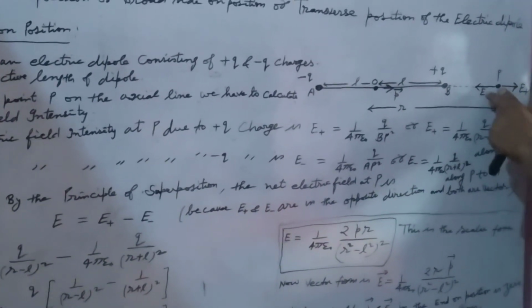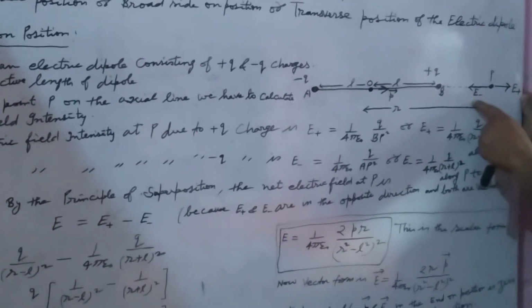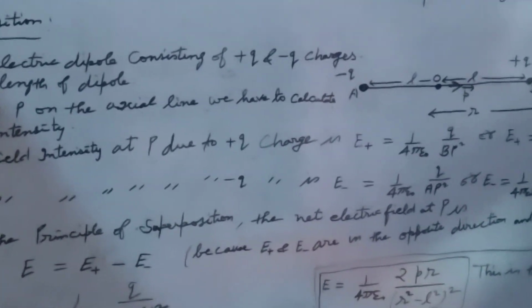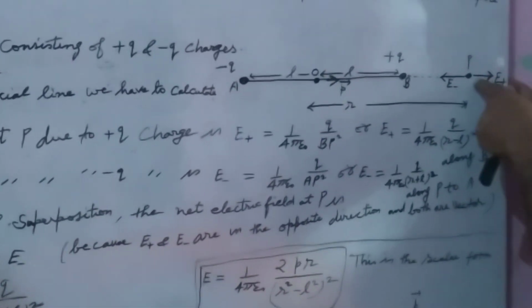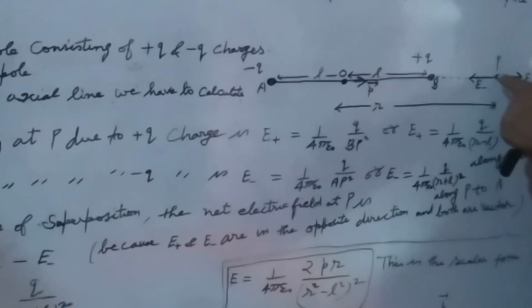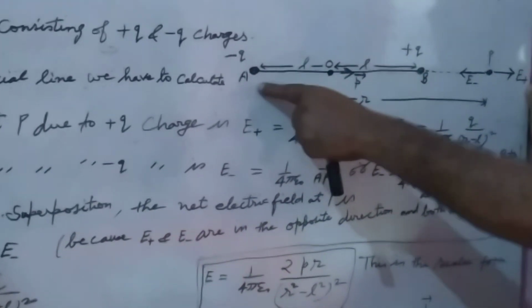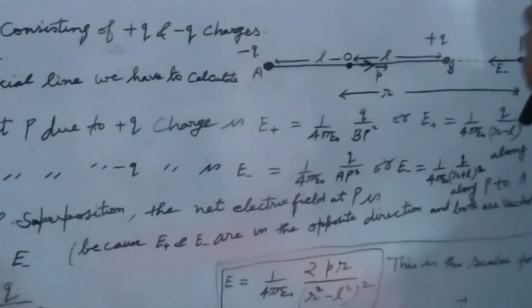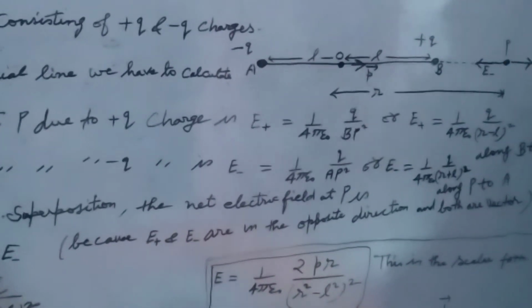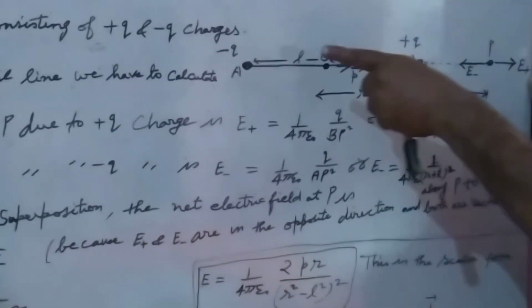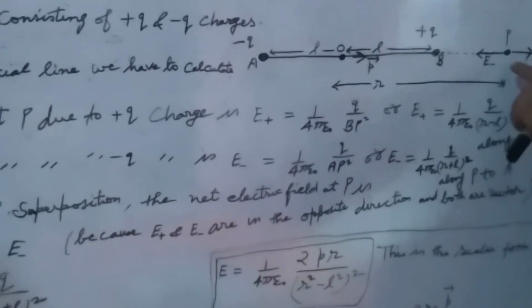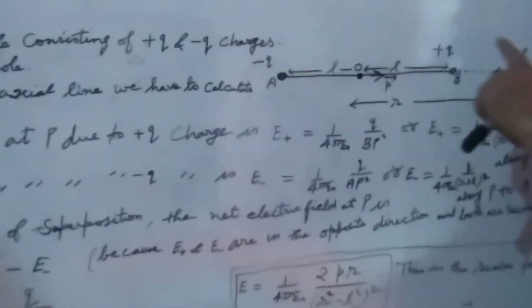And in the same way, electric field intensity at the point P due to the negative charge is in this direction, from P to A, because it is towards the negative charge. In case of the positive charge, it is away from that, but in case of negative charge, it is towards that, due to attraction.